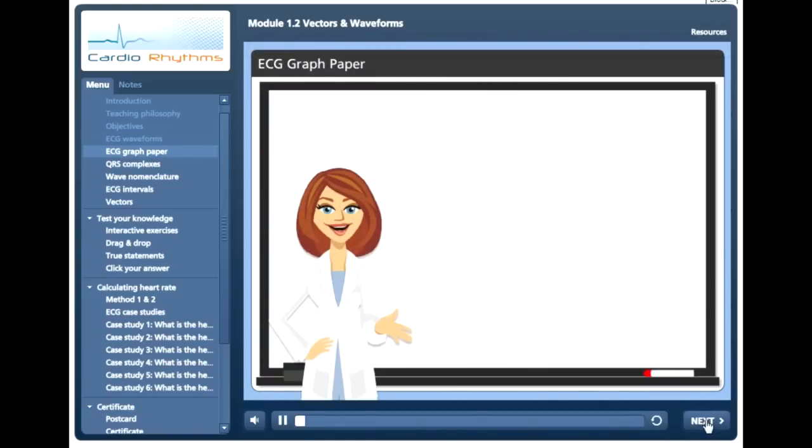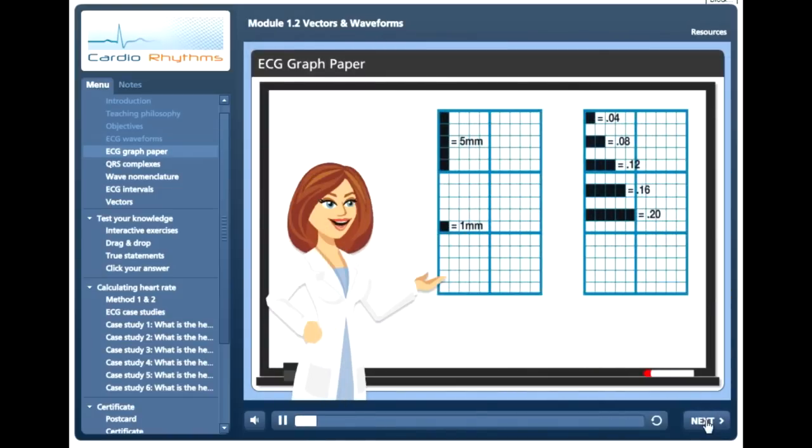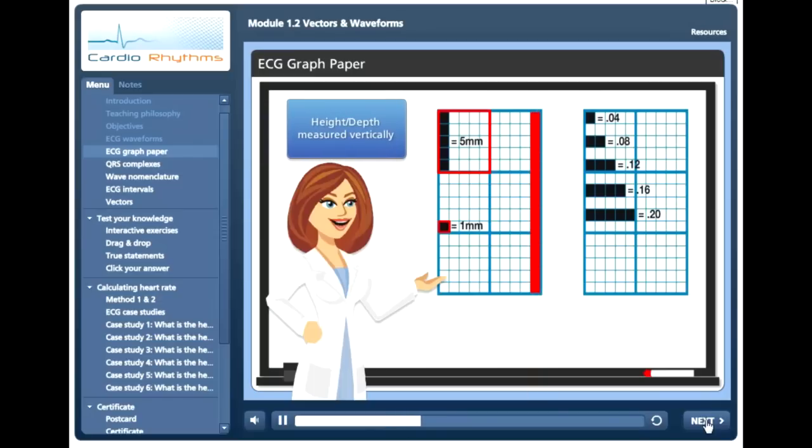The ECG is recorded on graph paper that is divided into 1 mm lines, or as I like to explain it, the small boxes, and into darker 5 mm lines, the large boxes. The height or depth of a waveform or segment is measured vertically. This is very straightforward.